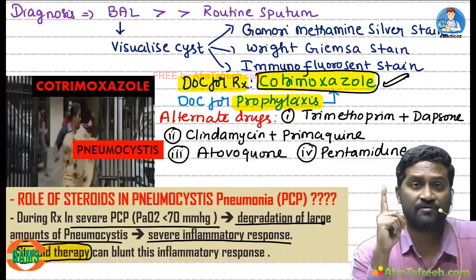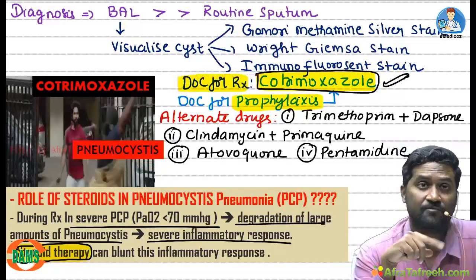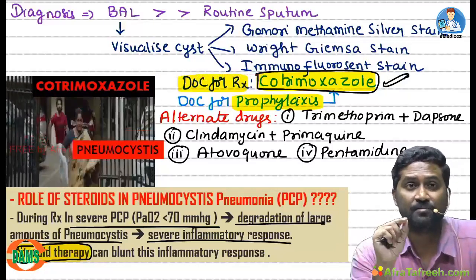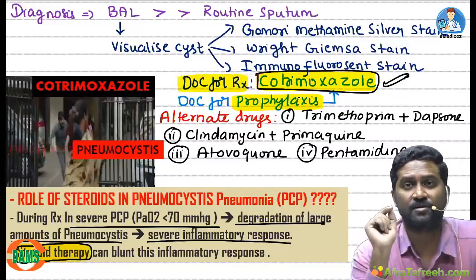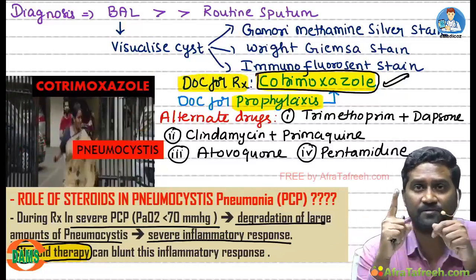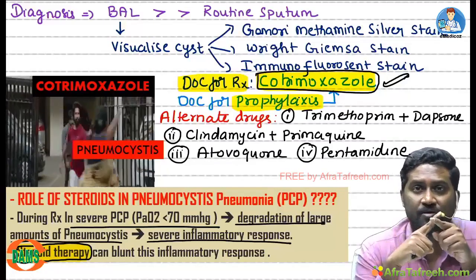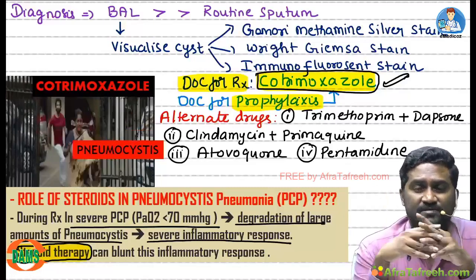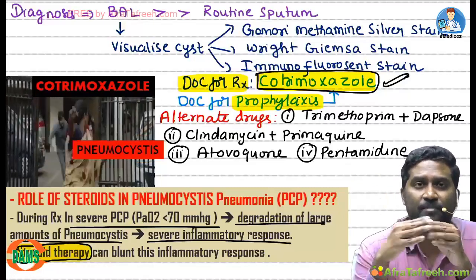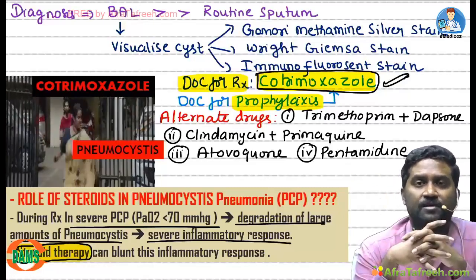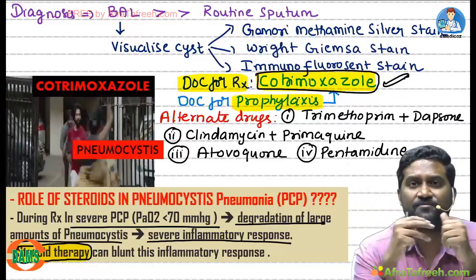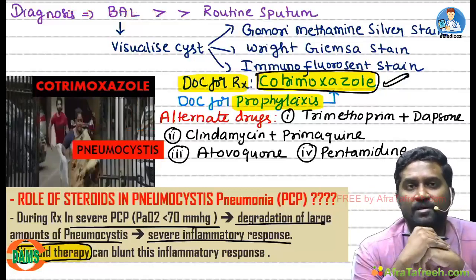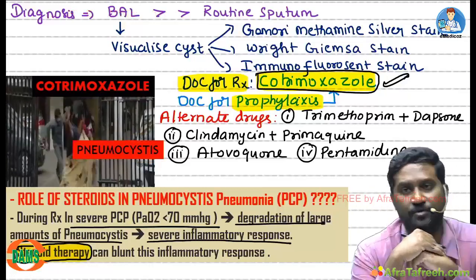Cotrimoxazole kills the fungus, steroid will take care of that inflammatory response. Generally that problem happens only in severe pneumonia whenever there is a large fungal population. So we restrict the use of steroids only to severe pneumocystis pneumonia.